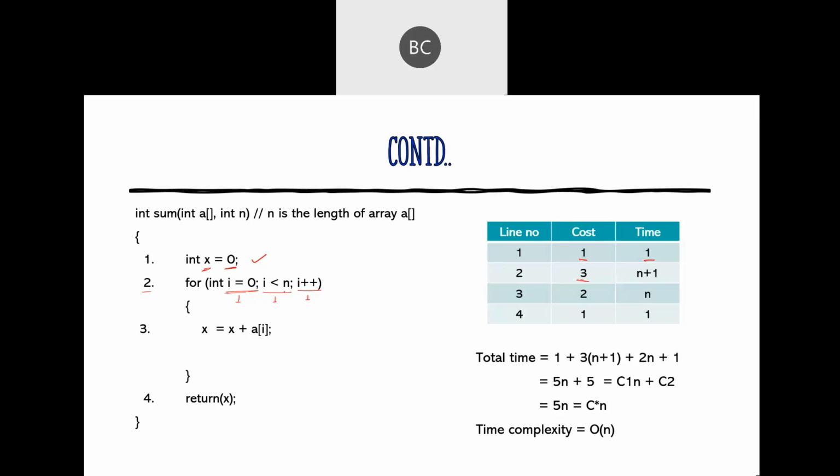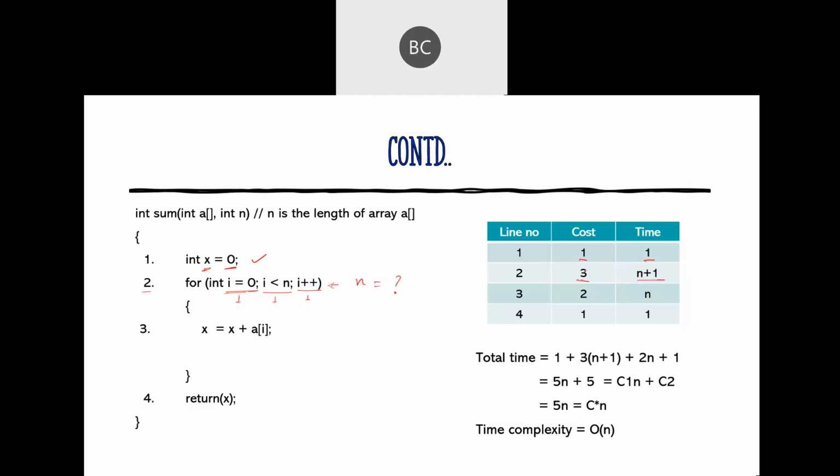Now you see that n is involved. You don't know how many times it will be executed. For the previous line, you know it is a single line and will be executed just once. Now we don't know n. What is the value of n? I didn't mention it here; it's simply written n. Since I don't know the input size, I'll just write n, and this particular code will run up to n plus 1 times.